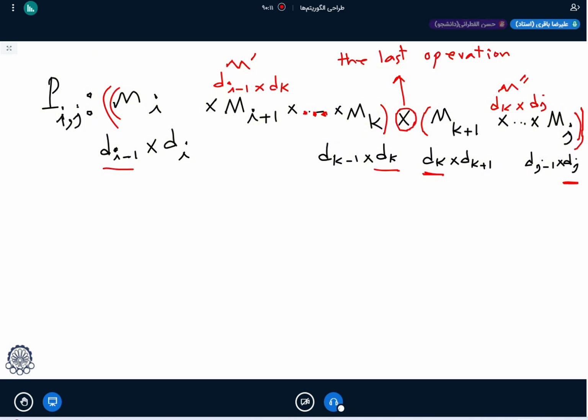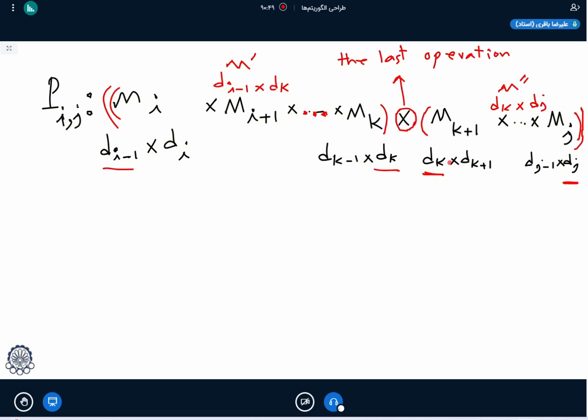Okay. Let's continue. If we multiply the matrices on the left side to each other, the result is a matrix. The final result of the right side is a matrix that has dk rows and dj columns, because the middle dimensions are omitted one by one, and only the first dimension and the last dimension remain.